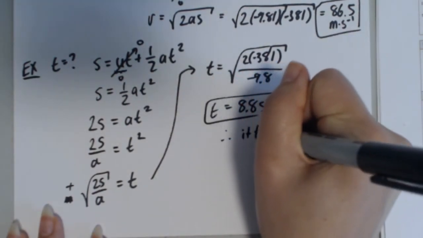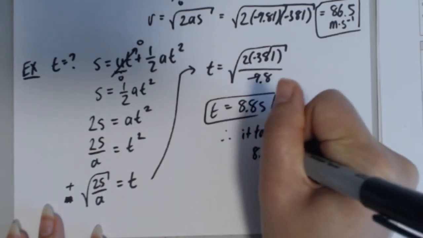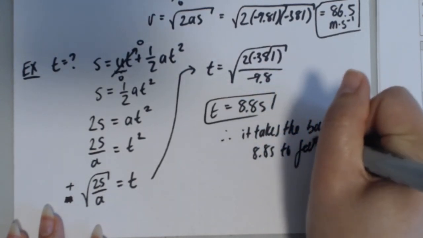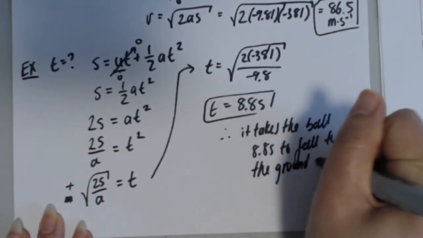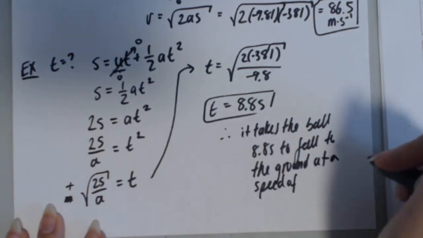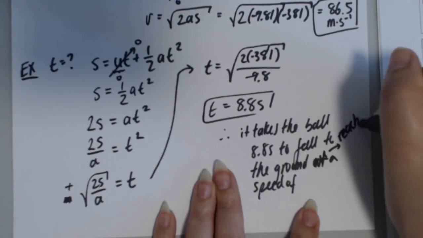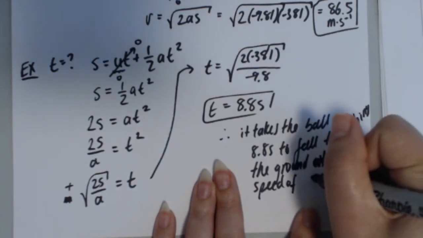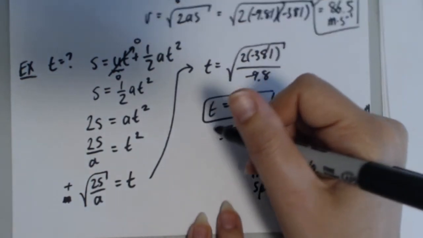Therefore, it takes the ball 8.8 seconds to fall to the ground, reaching a speed of 86.5 meters per second.